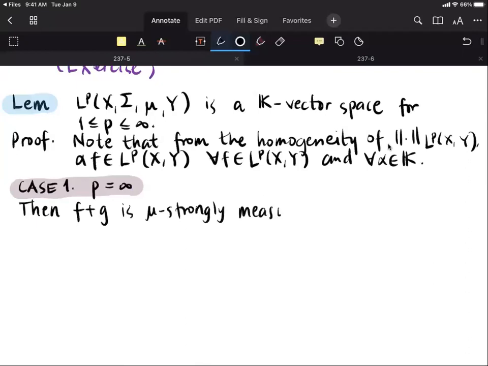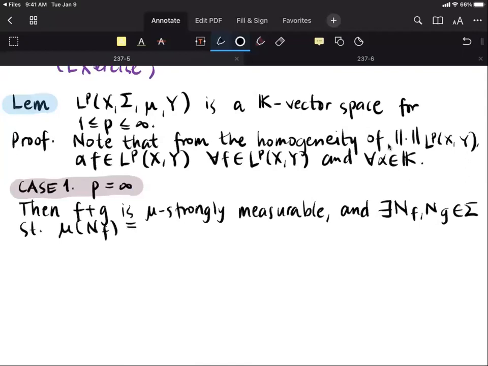You can also show this, and the proof is similar to the case in real analysis for measurability. And one can find, let's say, null sets N_f and N_g by definition of L infinity. Null sets means that the measure of these two sets are 0.